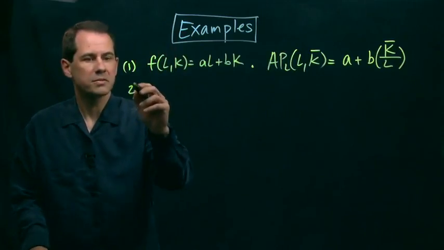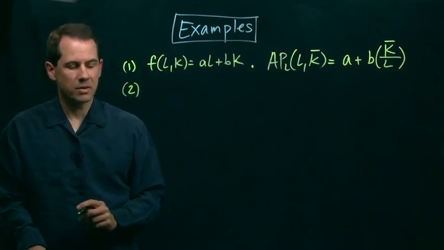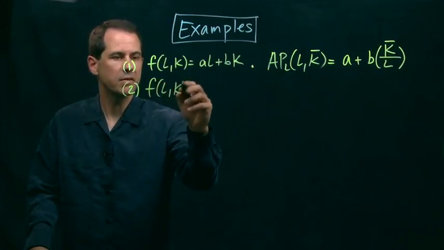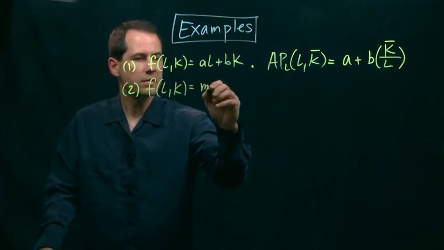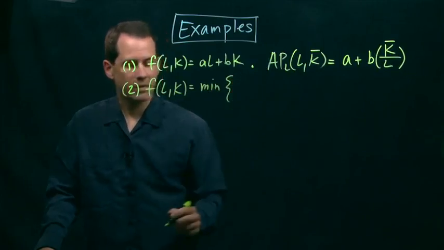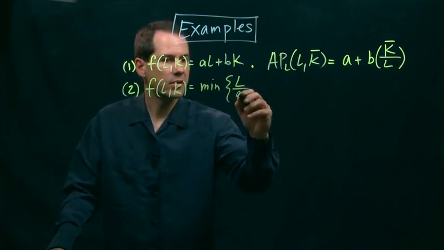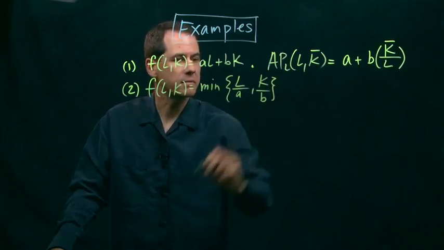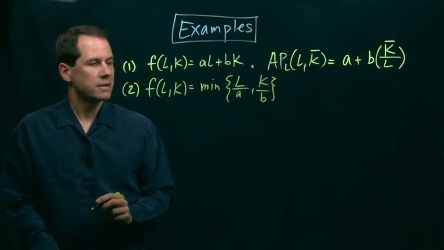The second production function that we dealt with is the Leontief production function, where F of L, K is the minimum of L over A and K over B. Again, A and B are constants.